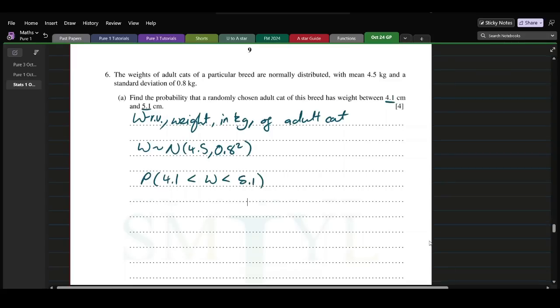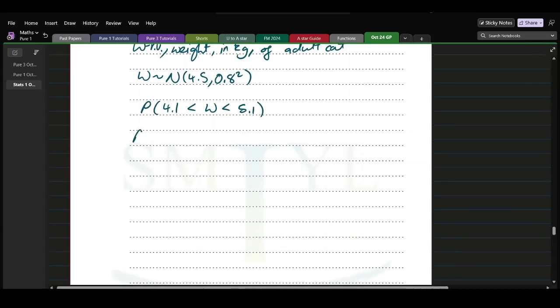Let's standardize. This is the probability that's 4.1 minus 4.5 divided by our standard deviation, which is 0.8. And then we've got 5.1 minus 4.5 over 0.8. So let's simplify this.